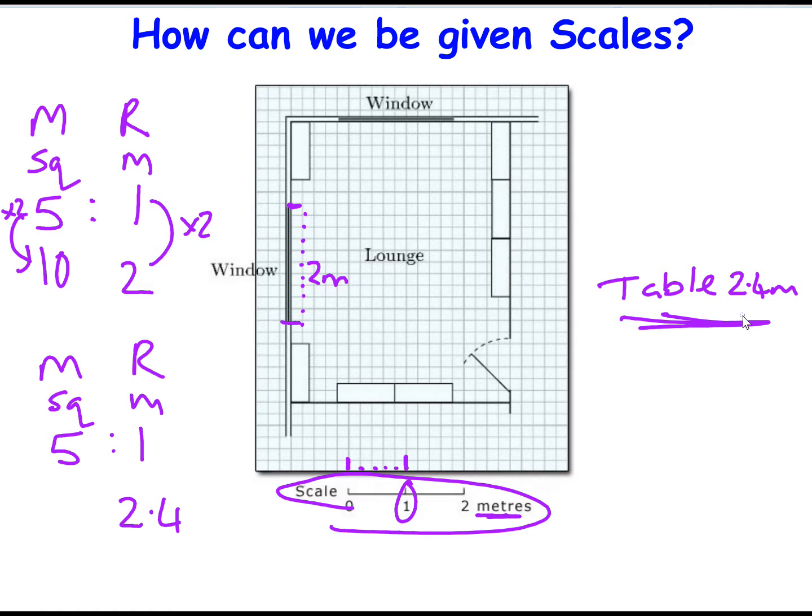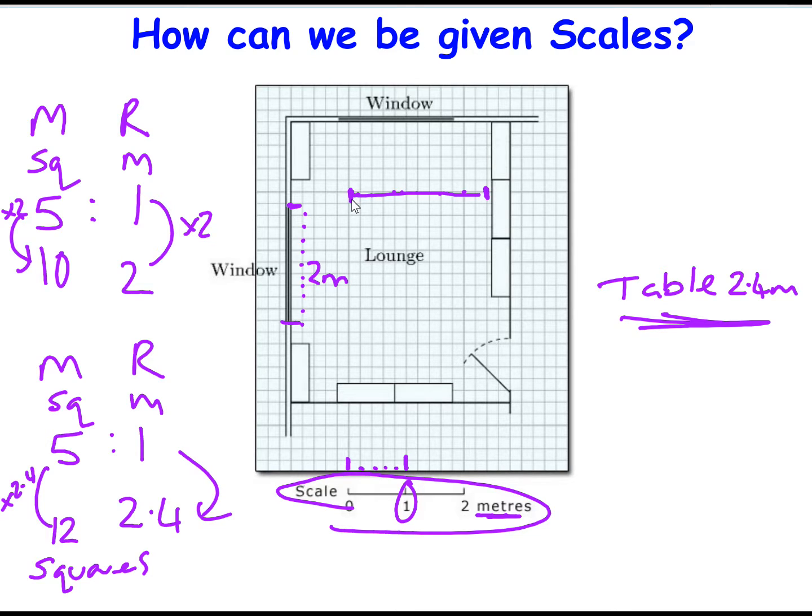The table is real. So how did I get from 1 to 2.4? I multiplied it by 2.4. Do that on the other side, and you end up with 12 squares that I need to draw. So on your drawing, you would start here, 12. So your table would go in there.